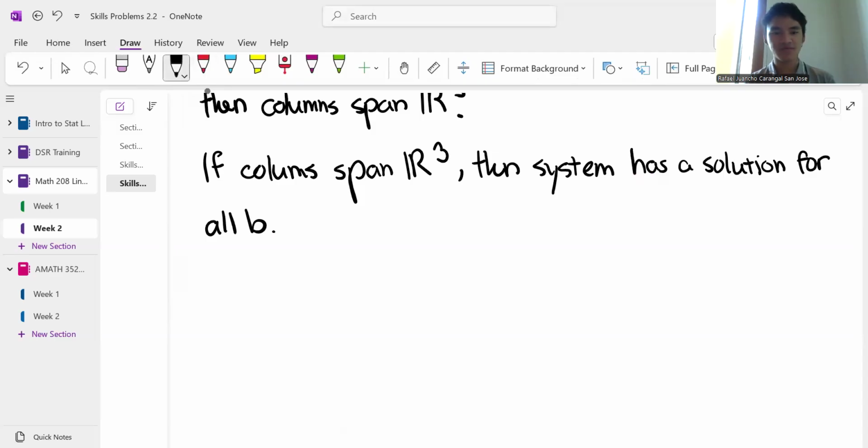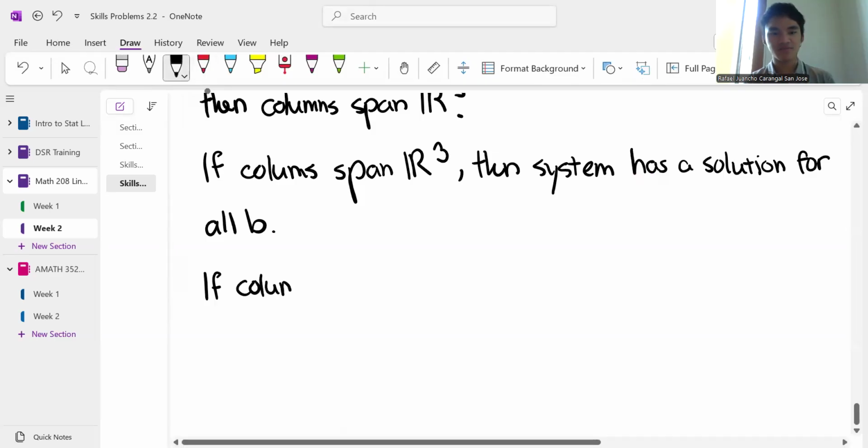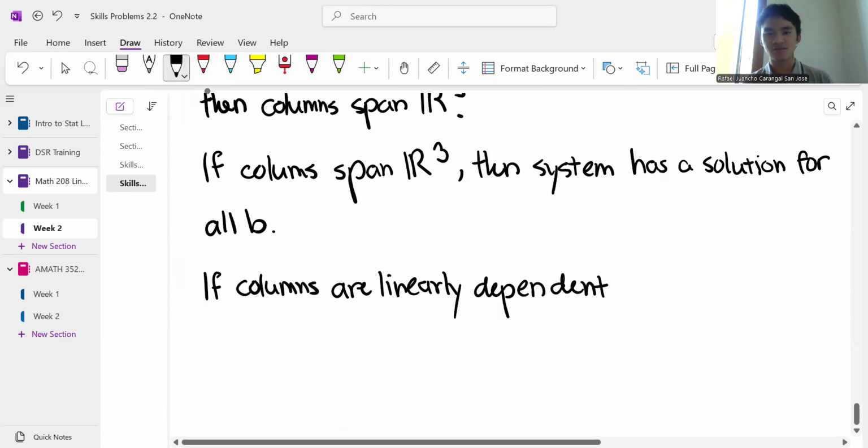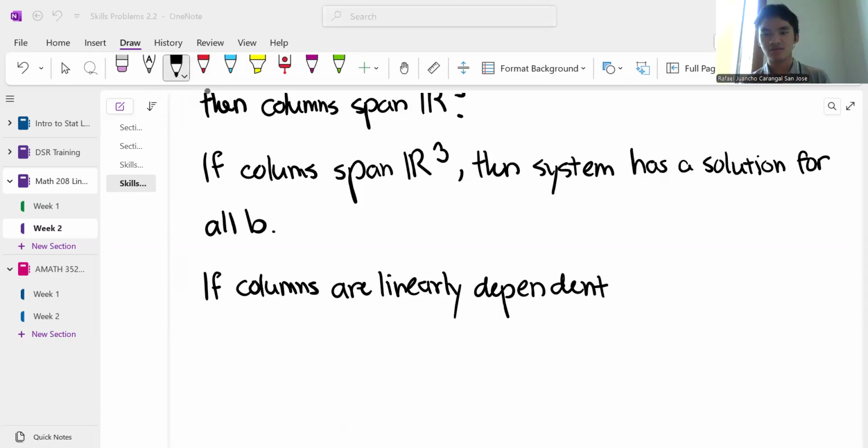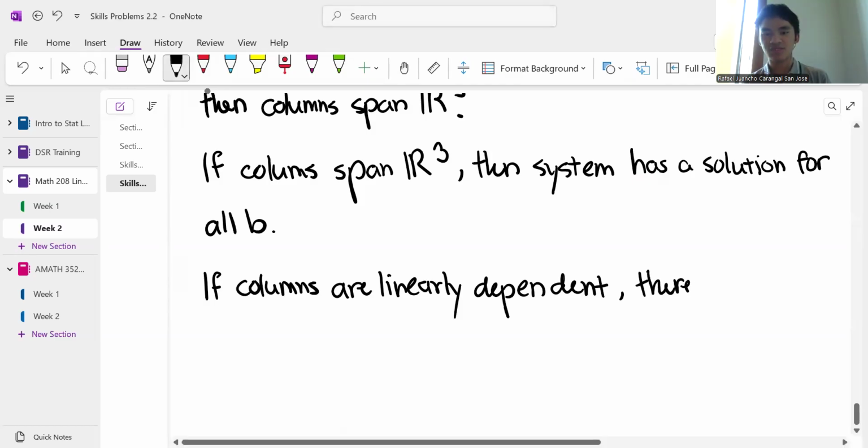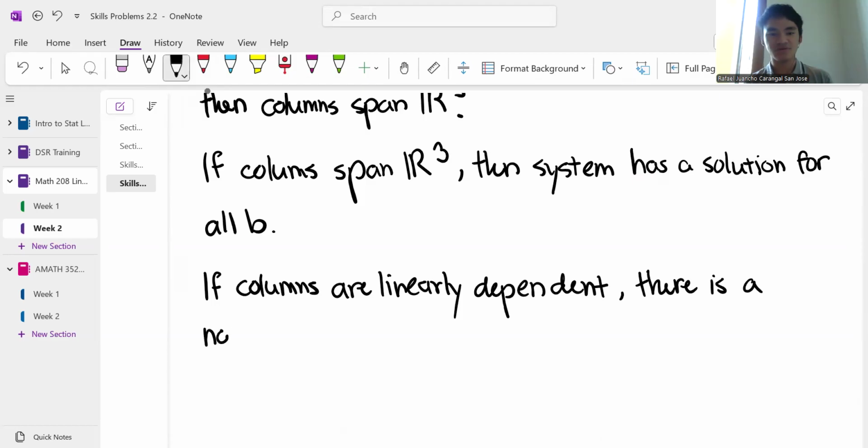Here's what it means, basically. If the columns are linearly dependent, not independent, then we basically have a non-trivial combination that equals 0.